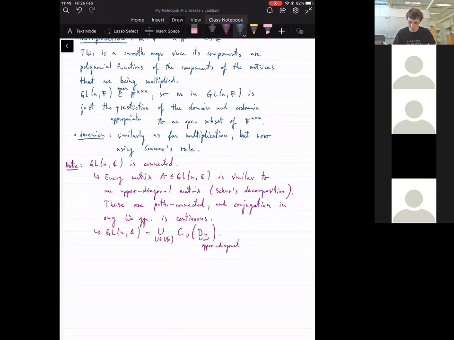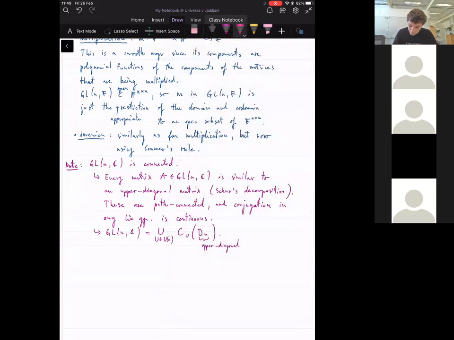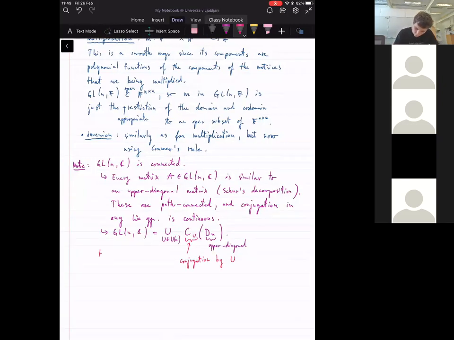What's C_U? Conjugation by U. So this is homework. Fill in the details.